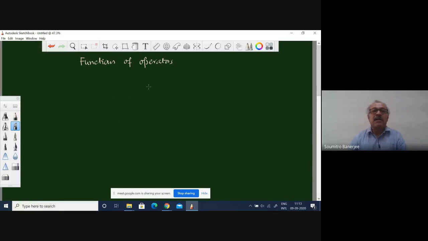For example, if say A is an operator and I say A squared, what does it mean? It means that A operating on whatever function comes after this twice. Okay. In a similar way, you can define various functions of operators themselves.